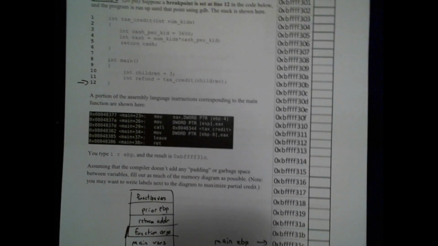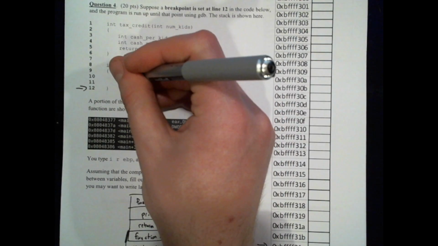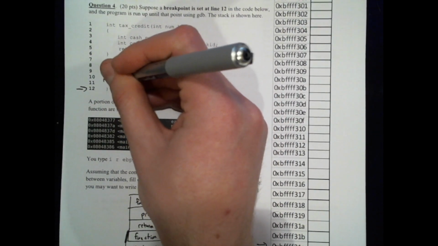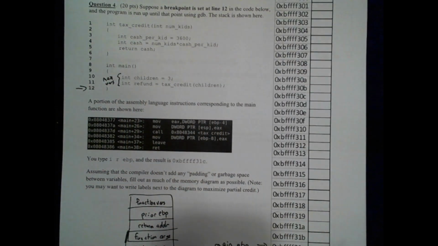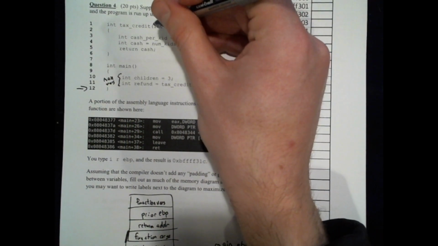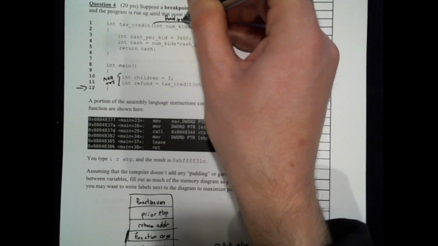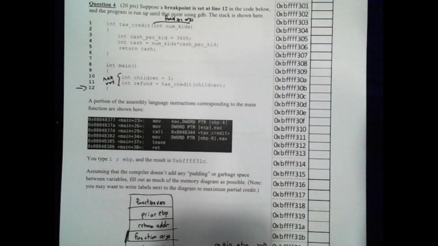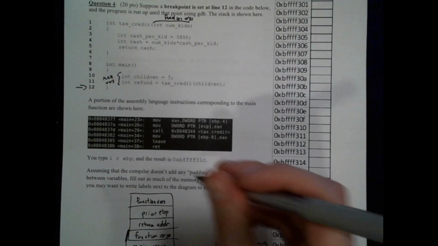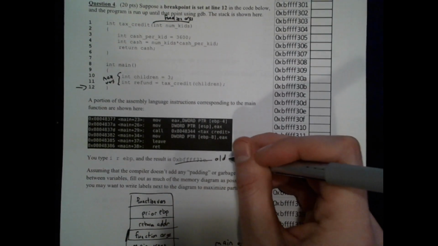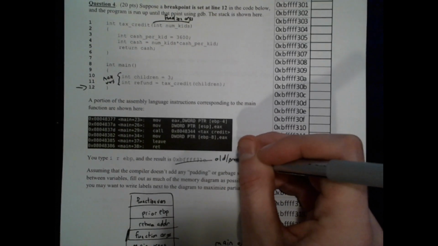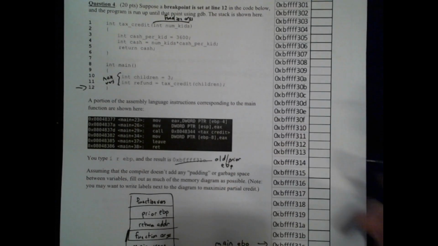And we can identify these up here as well. So these two are main vars. Our function arguments are going to be this num kids. EBP, or old EBP or prior EBP, is going to come from whatever the EBP was in main.